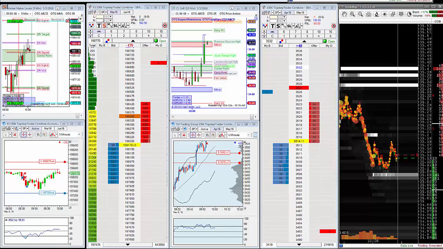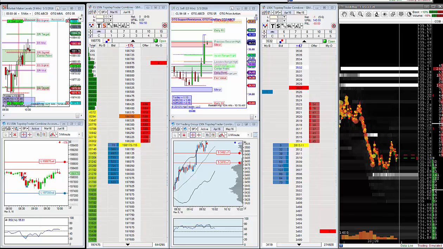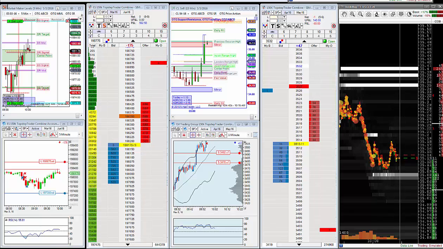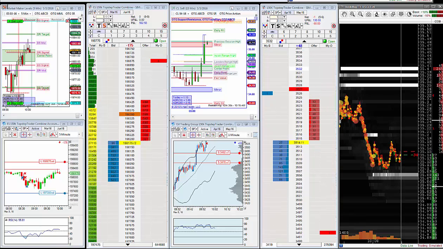Still looking short on the ES at 1986.75. Short on the ES. Like to break through this 12, 11, 10 and come down into that 57 level.